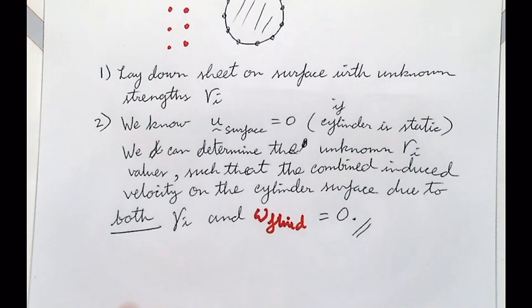And this gives us a system of equations from where we can determine the gamma i's. Does it make sense?